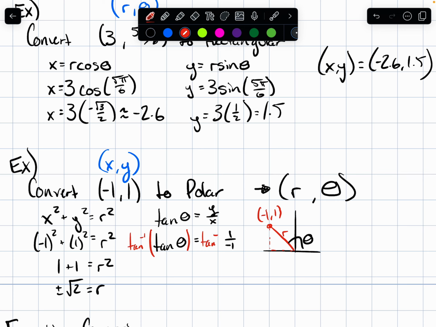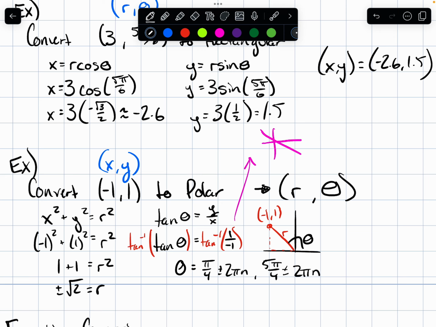And I think about the two spots where tangent is equal to negative 1, which I know would be at these two spots. So theta is going to equal pi over 4 plus or minus 2 pi n, or 5 pi over 4 plus or minus 2 pi n.